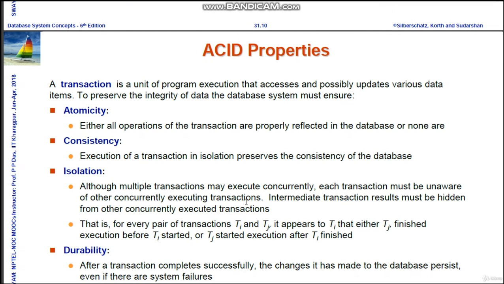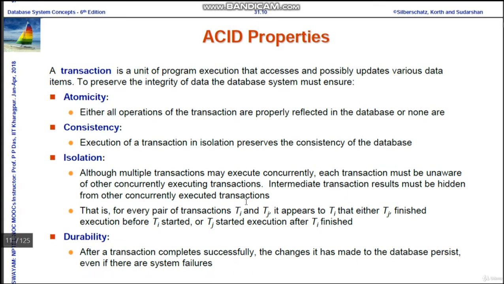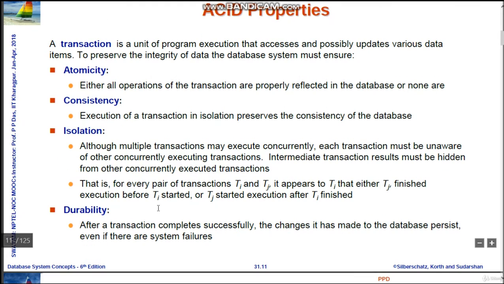If T1 is running, it knows that it is the only one present in the system, but it doesn't know that there are many other transactions running in parallel. So that's our isolation.